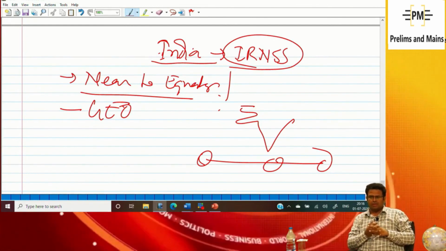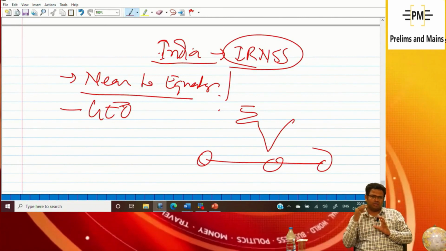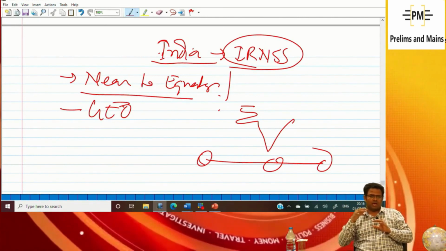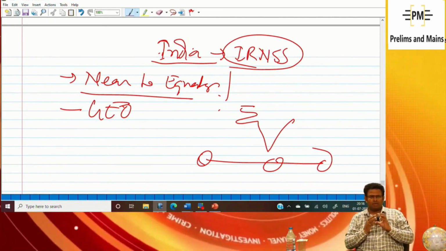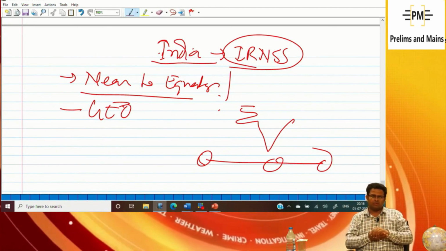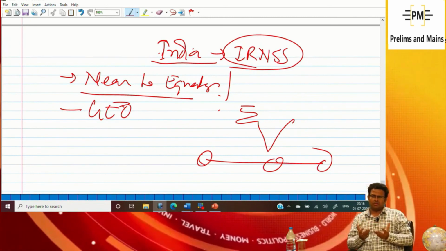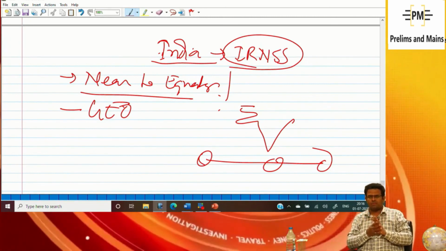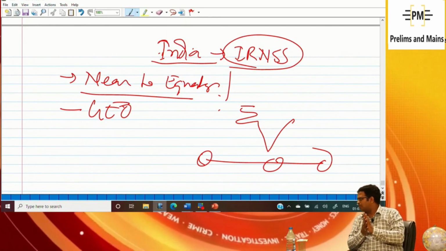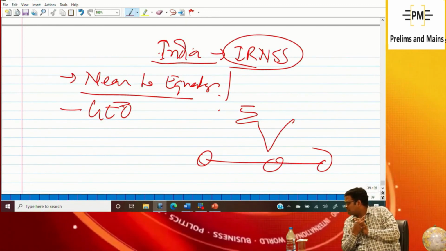I said our navigation is in GEO, but world navigation satellites use MEO because they are away from the equator and not able to get a better signal from GEO. So they move towards this one. Perhaps it is clear to you.